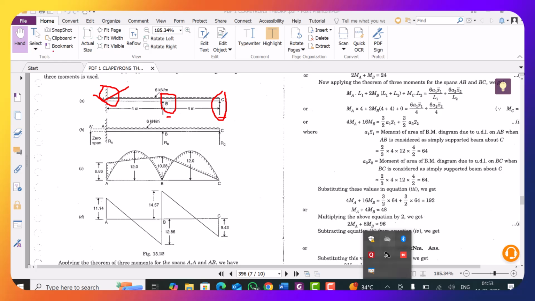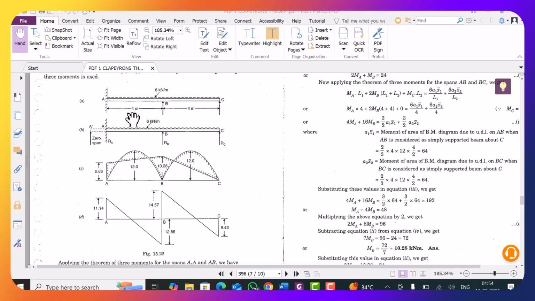One will be vertical, in this direction, right? And the other will be a moment. So in all, if you look at this continuous beam, you will get two spans with two simple supports and one fixed beam.